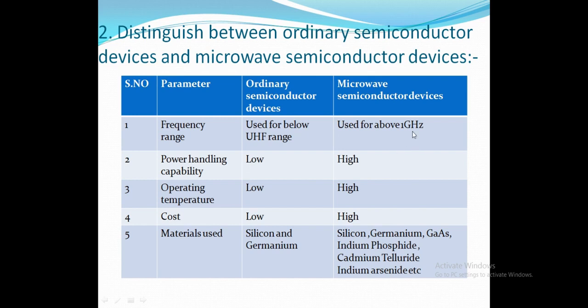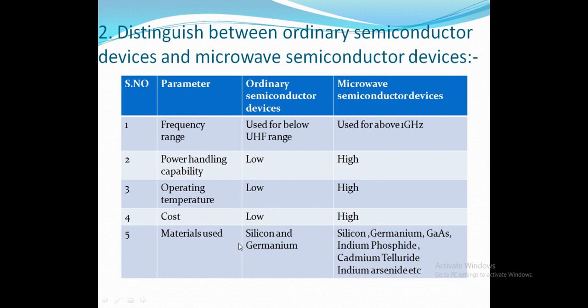For frequencies above 1 GHz, that is the microwave frequency range, we use microwave semiconductor devices. Power handling capability is low for ordinary devices and high for microwave semiconductor devices. Operating temperature is low for ordinary and high for microwave devices. Cost is low for ordinary, high for microwave.